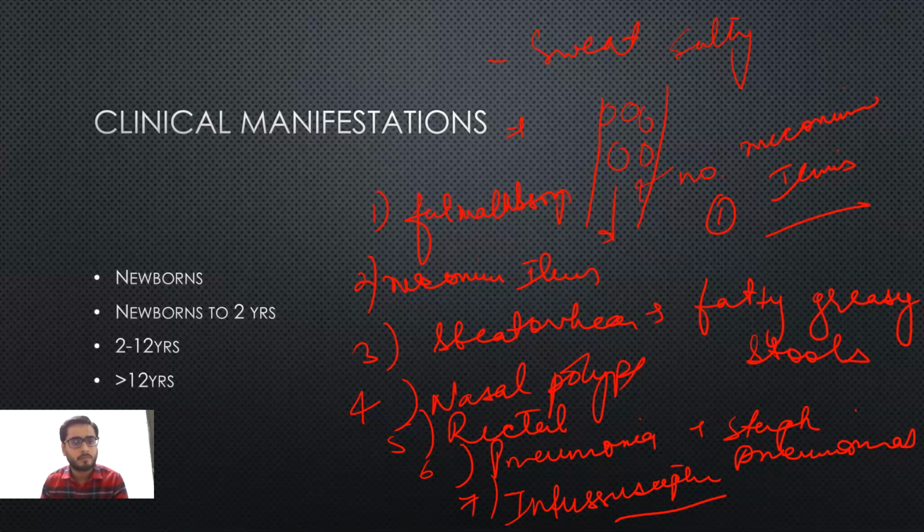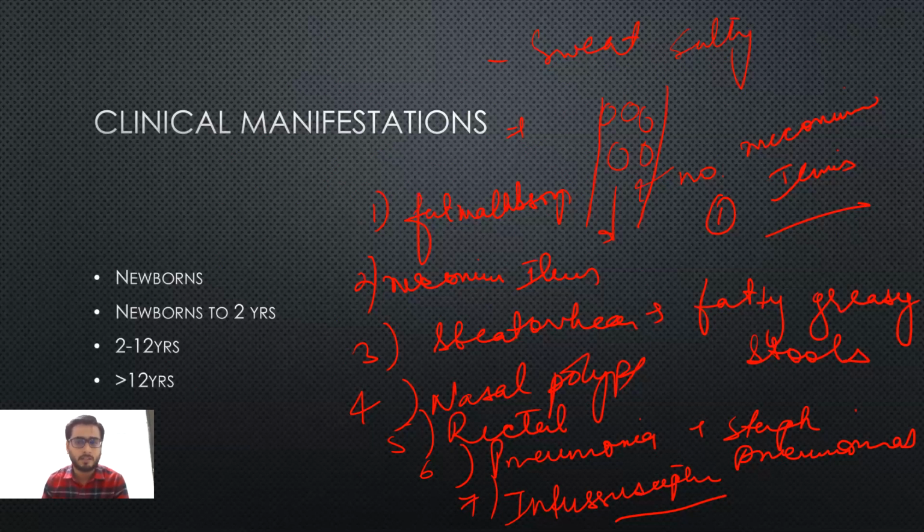Later on, in patients more than 12 years of age, we can have azoospermia, we can have liver involvement. It has been seen some patients present with portal hypertension also. So they can be diabetic, they can have portal hypertension, diabetic because of the endocrine involvement of cystic fibrosis.